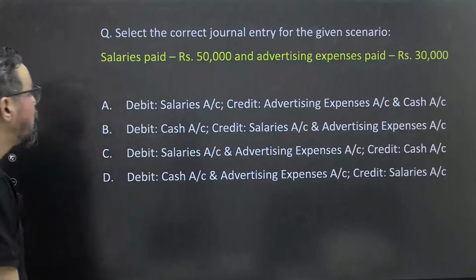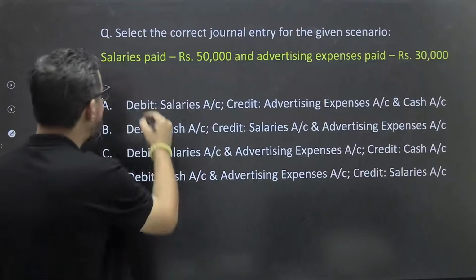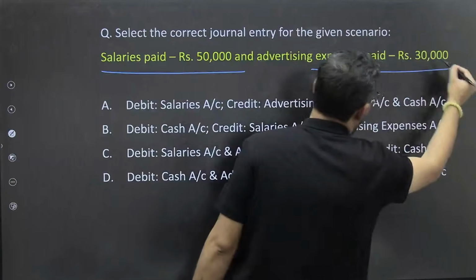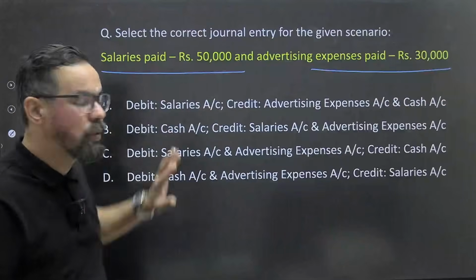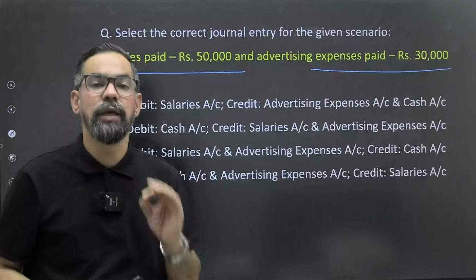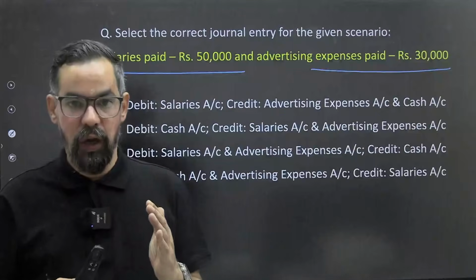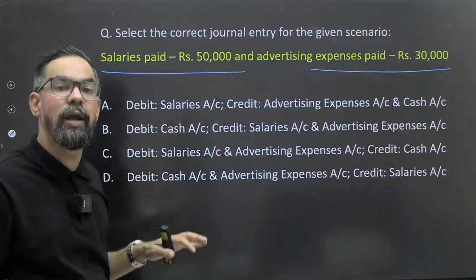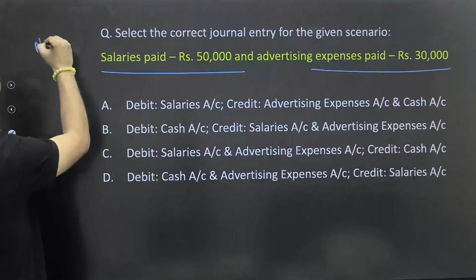So now select the correct journal entry. Similar to this particular one, salary paid 50,000 and advertisement expense paid 30,000. So now to solve these kinds of questions, the first thing is you have to make your understanding around the types of accounts. Okay? If you are aware of the types of accounts, that means it generally comes under nominal account.